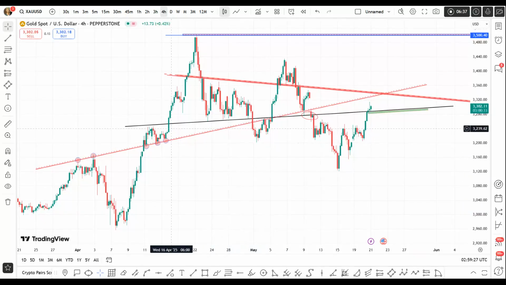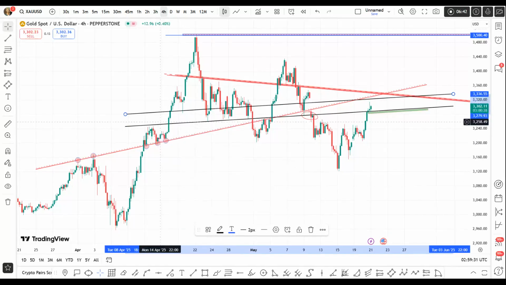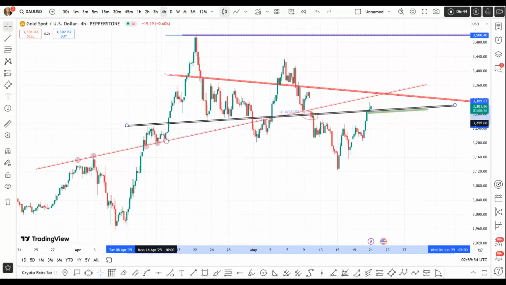And from this black level, we can also see what price has done. So let's also dive in to explain what the price action has done at this level.